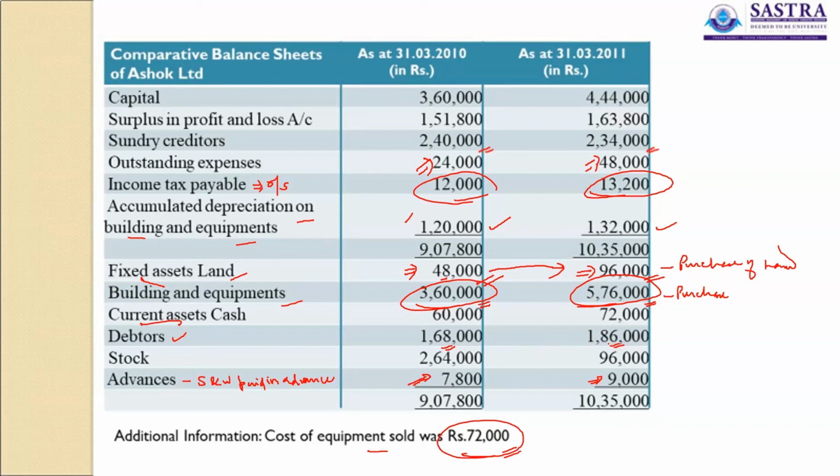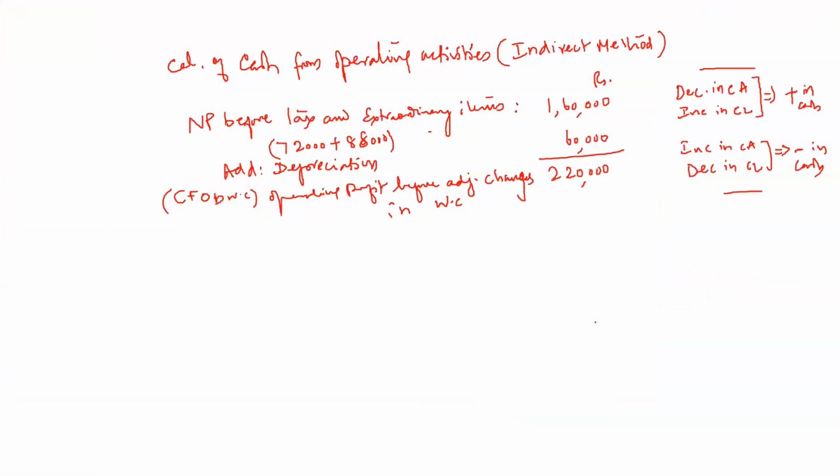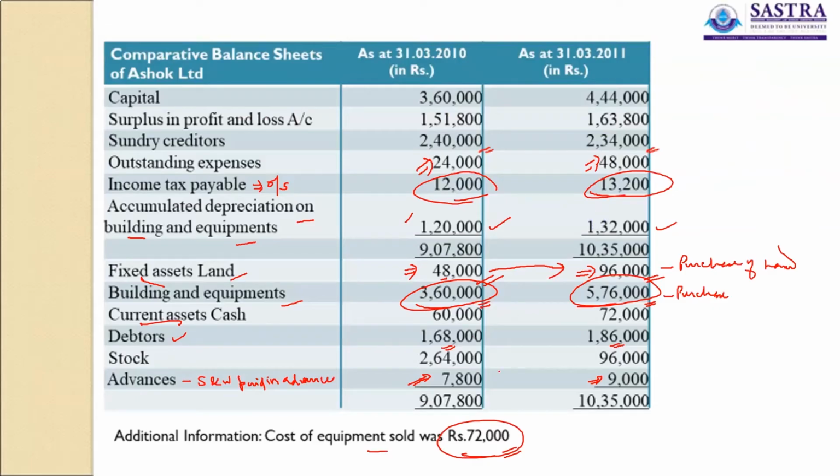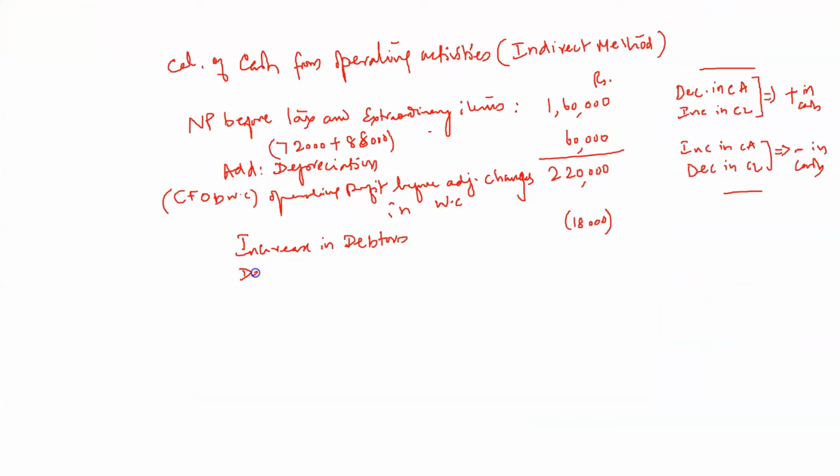So increase in current assets by 18,000. Increase in debtors. So 18,000 less. Stock, there is decrease in stock.